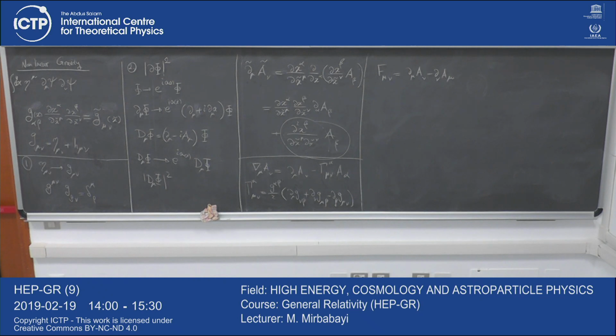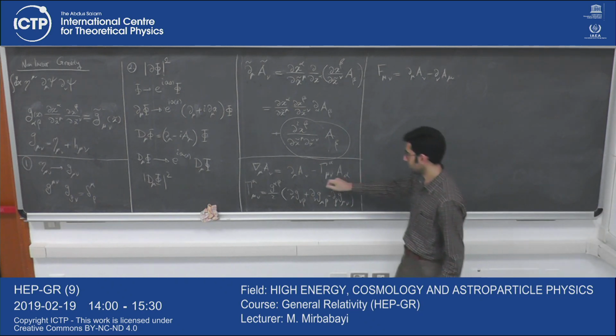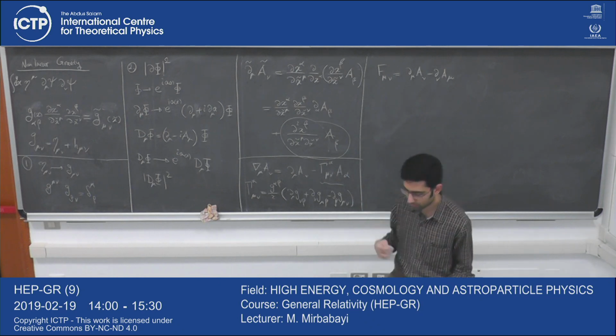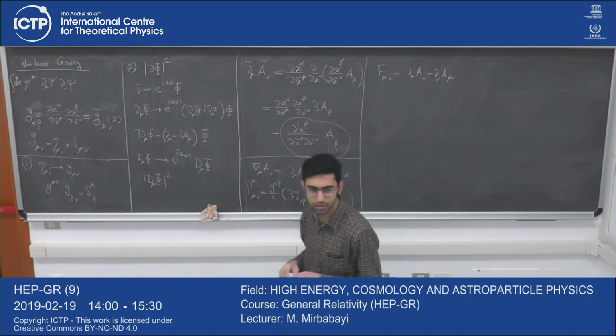It's because if you think in the language of differential forms, this F mu nu is a second differential form that you construct using the exterior derivative, and that is a well-defined way of constructing tensors. So you don't need a connection, a Christoffel symbol like this, to define this. But we will see it later.